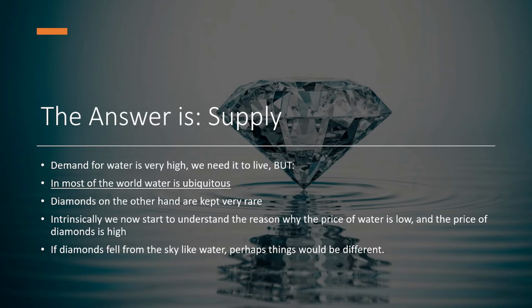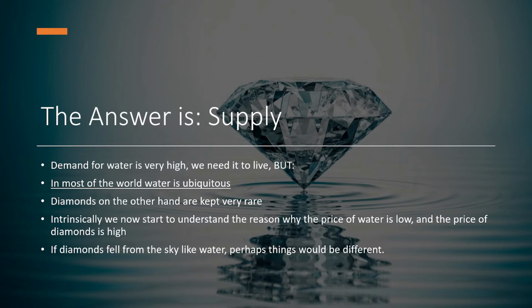It falls from the sky. Diamonds, on the other hand, are intentionally kept extremely rare. There's a few reasons for that, but it doesn't matter. Diamonds are extremely rare in comparison to water. So intrinsically, we should start to understand the reason why the price of water is so low and the price of diamonds is high. If diamonds fell from the sky like water, perhaps things would be different.